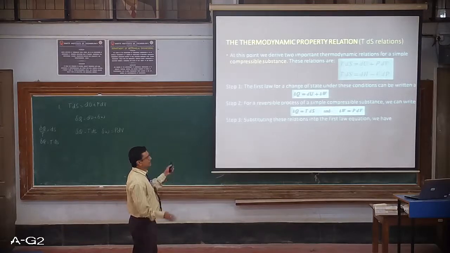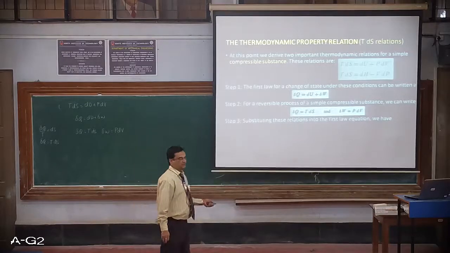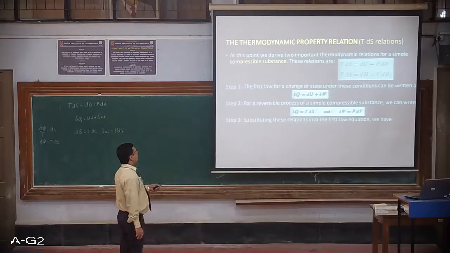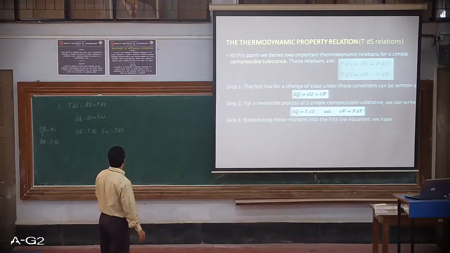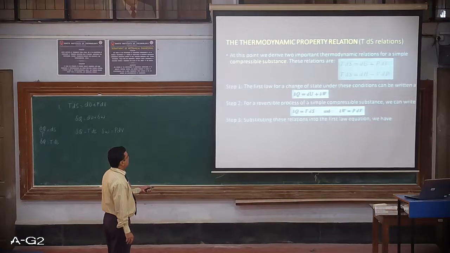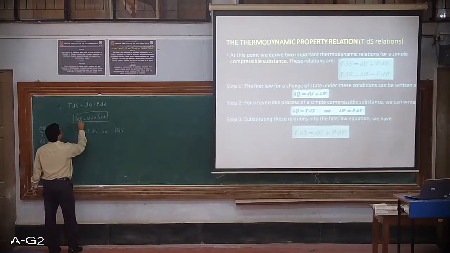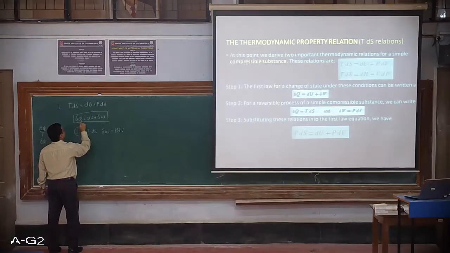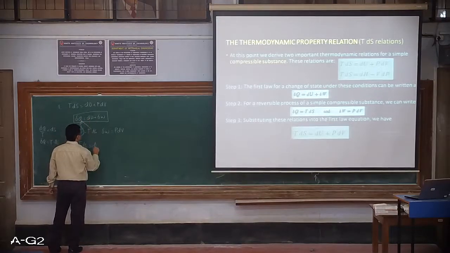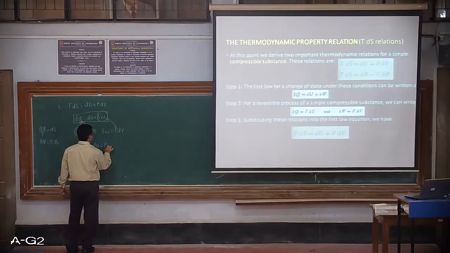The third step is rearranging the terms, merging the energy equation with the entropy equation. So substituting these relations into the first law equation, in place of delta Q from the first law, I am going to write TdS, and I am going to substitute PdV for delta W. So I will get this expression: TdS is equal to dU, I will keep it as it is, plus this dW I will write as PdV.